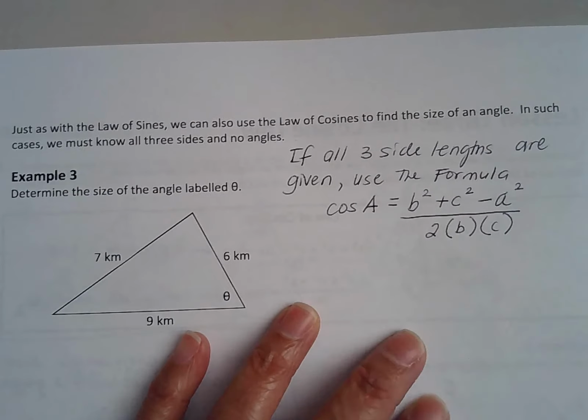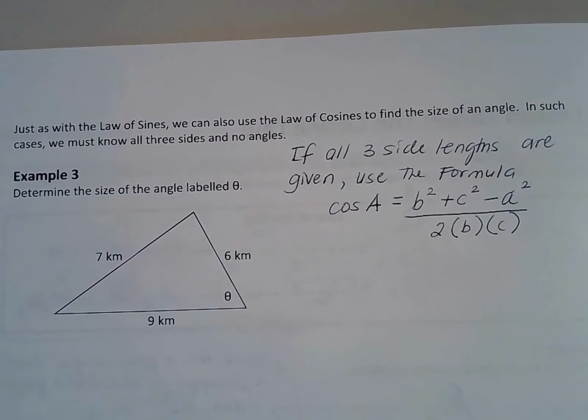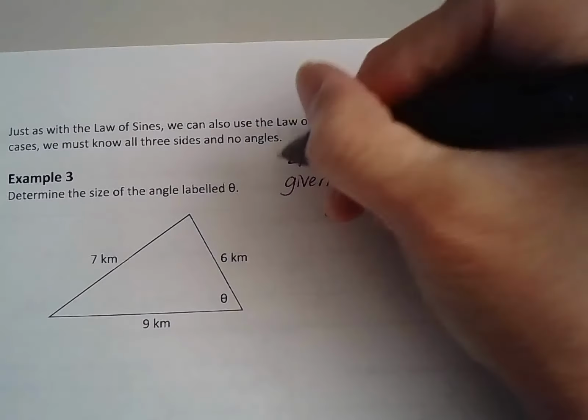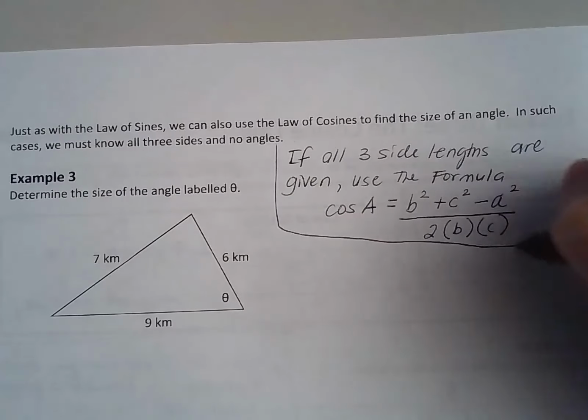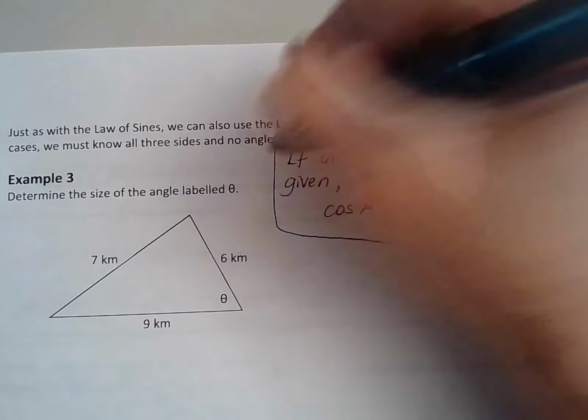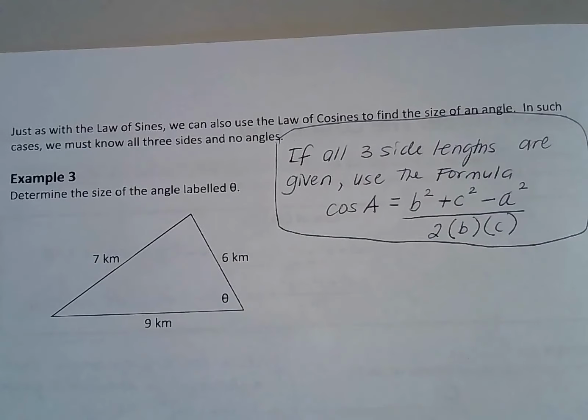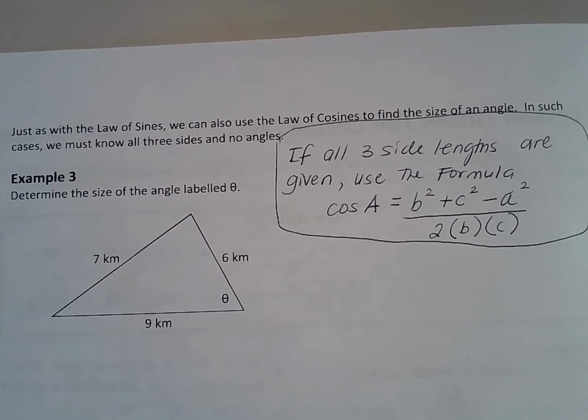And I'm putting the times in brackets just to show you it's multiplication. Okay, so this is what we're looking for. If all 3 sides are given, we're going to use this formula.